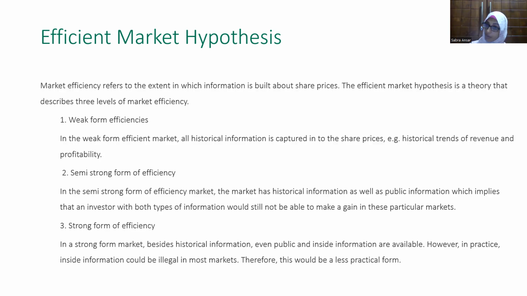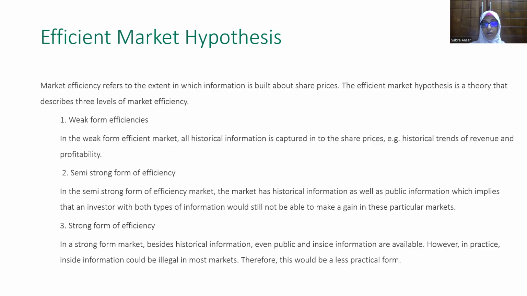And the strong form of efficiency is the form where historical information, like the historical trends of revenue or even the profitability, as well as the public and inside information, are all available.